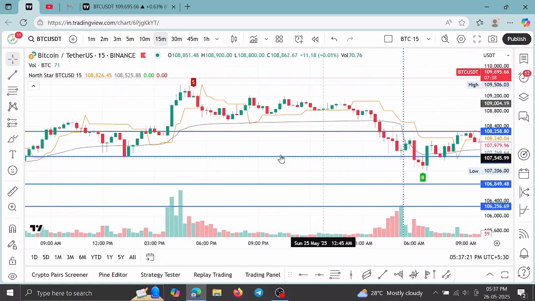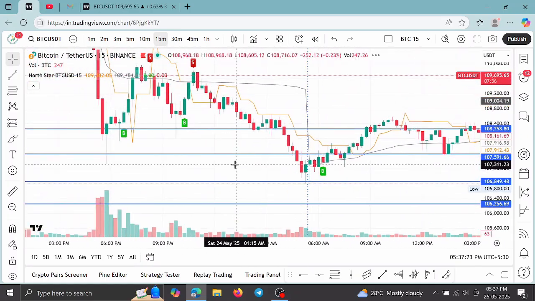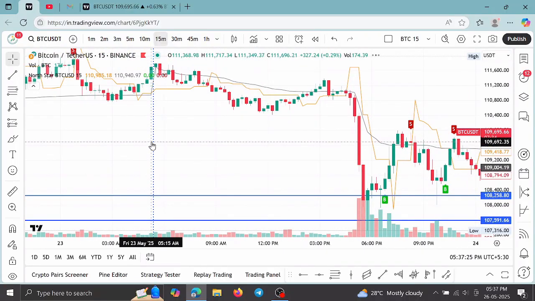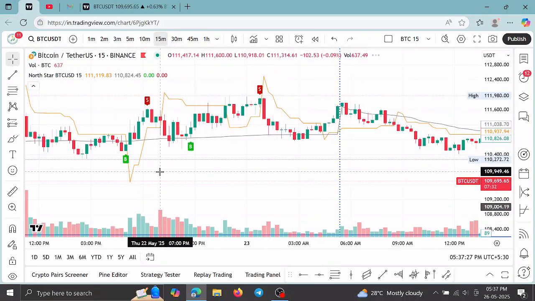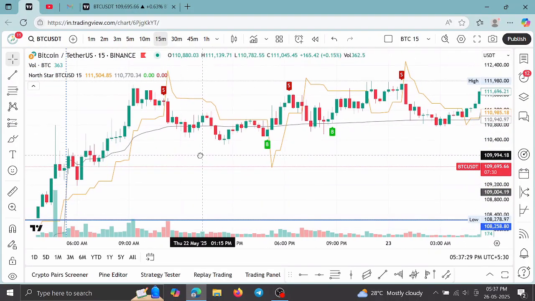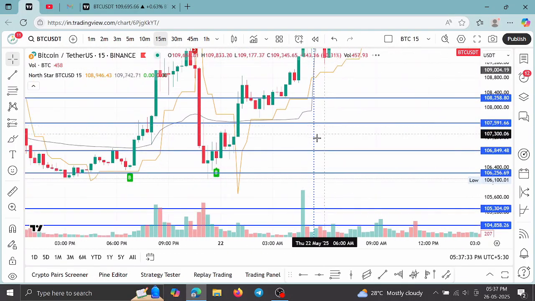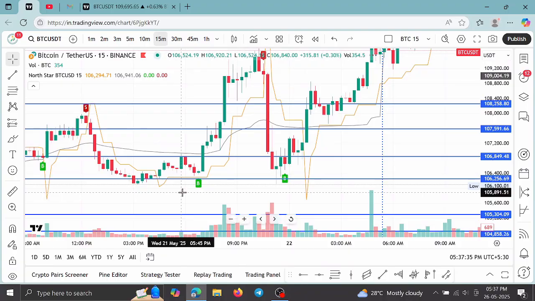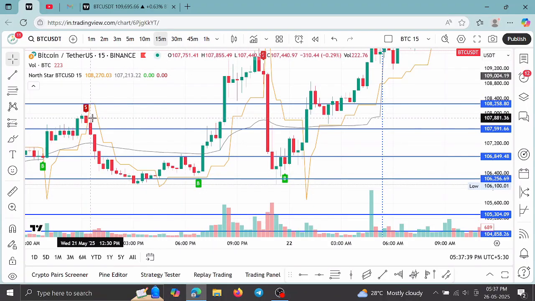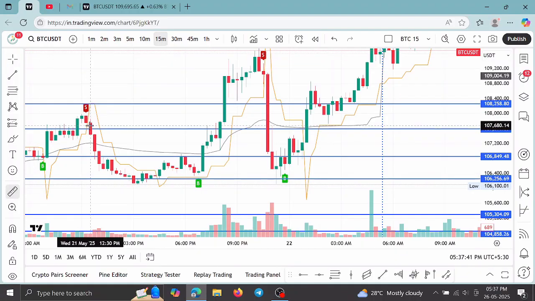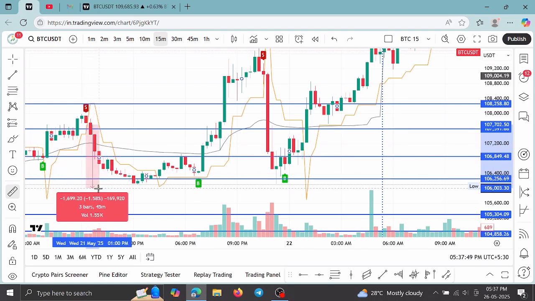Similarly, let's see some of the trades that you are going to take, and how beneficial this indicator is. So now you can have a look at this. This is exactly how you are going to trade. Now here you got a sell signal. Now you stay in the trade, and this is the first target and second target.